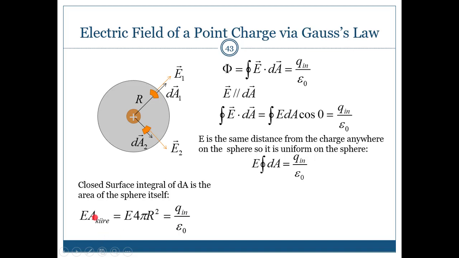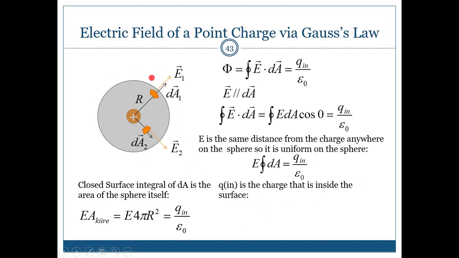Wonderful. So E times the area of the sphere equals E times 4 pi r squared, right? That's the area of my sphere with radius big R. That's what I picked. You can call it a small r or anything. That's the radius of my Gaussian sphere. So that's the area of my Gaussian sphere equals Q in over epsilon 0. Q in is the charge inside the Gaussian surface.